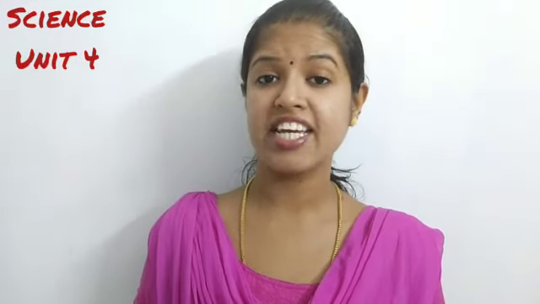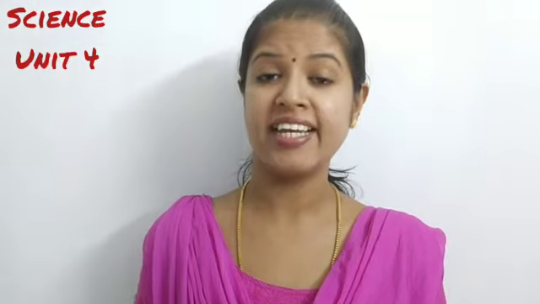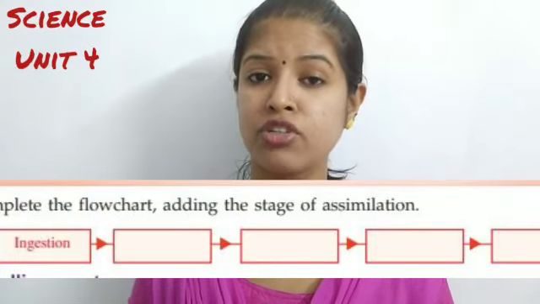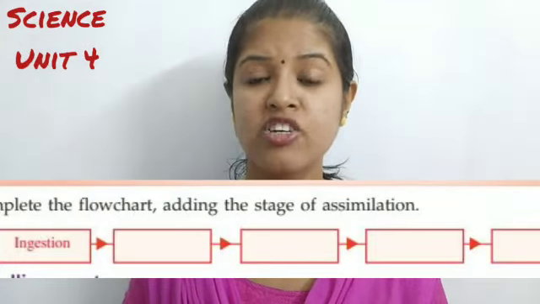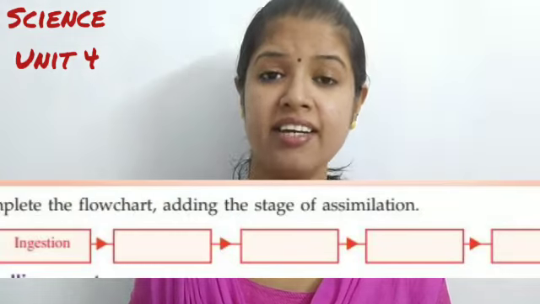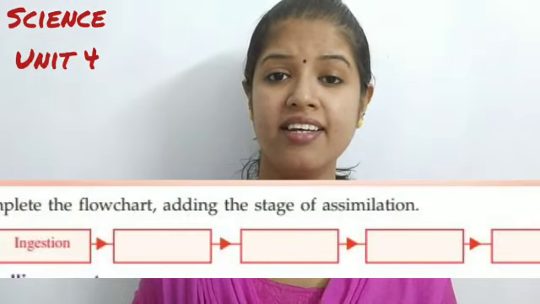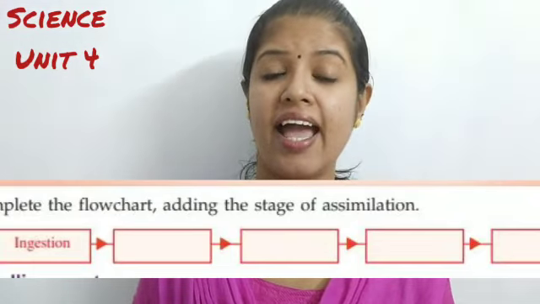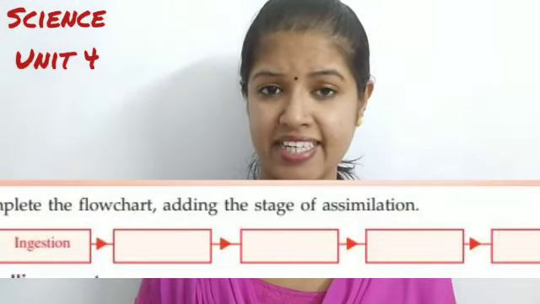So these are the different stages of nutrition in amoeba. There is a flow chart given to you to write the different stages of nutrition in amoeba. So first one is ingestion, then digestion, then absorption, assimilation, and finally the excretion.